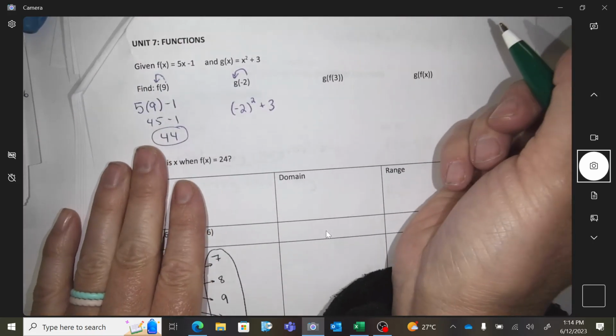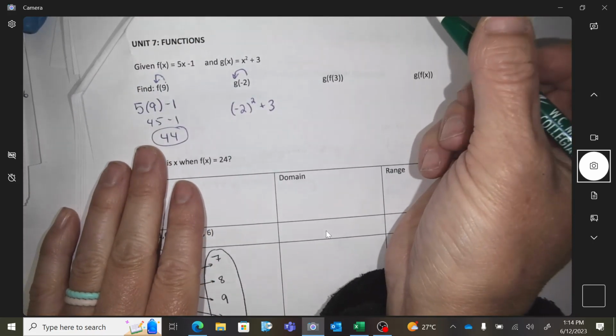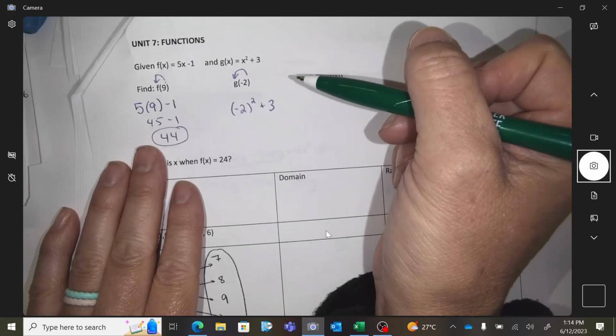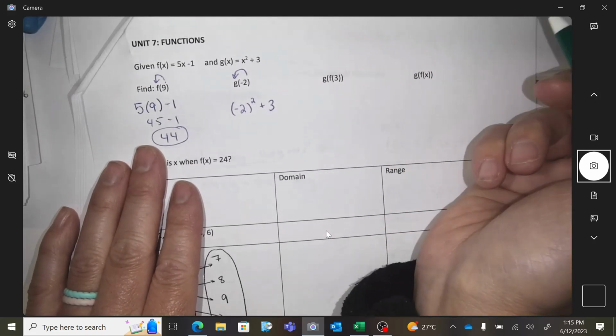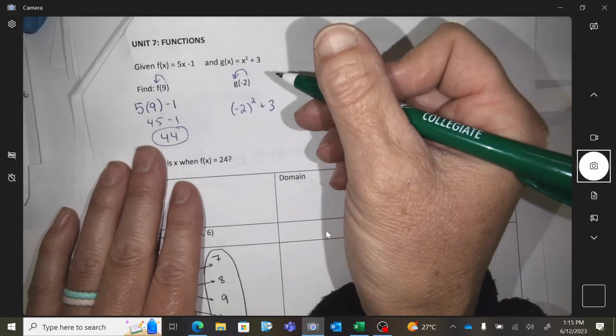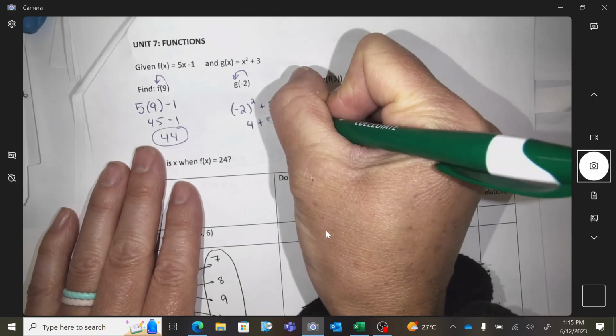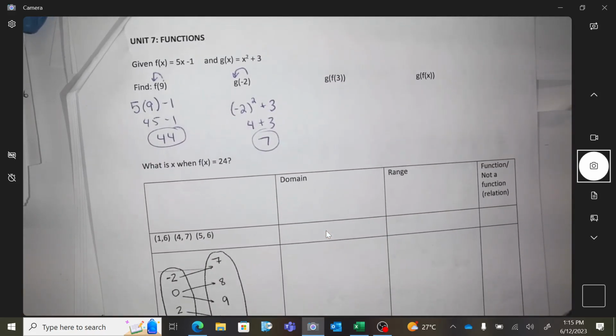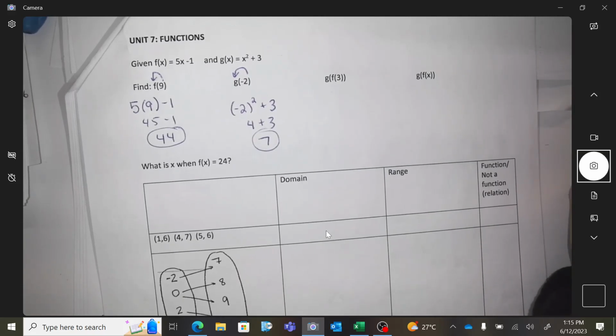So, everybody, what do you get when you square negative 2 without your calculator? Positive 4. Okay, that's a skill we should know without our calculator because that would be on a non-calculator spot on your test.